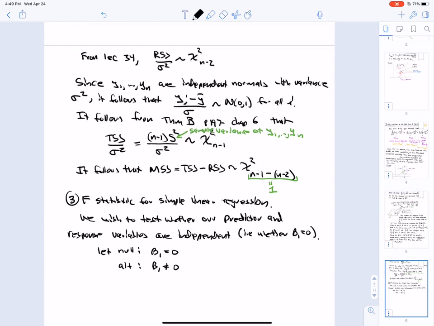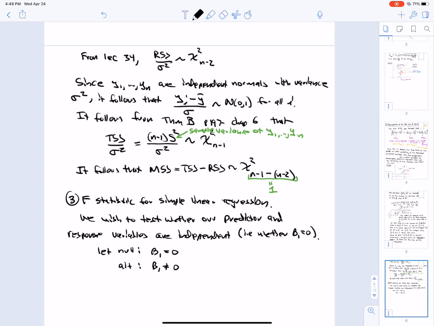So now from lecture 34, we know that RSS over sigma squared is a chi-squared with n minus 2 degrees of freedom. And since y1 to yn are independent normals with variance sigma squared, it further follows that yi minus y bar over sigma is normal, and in particular the TSS over sigma squared is a chi-squared with n minus 1 degrees of freedom.